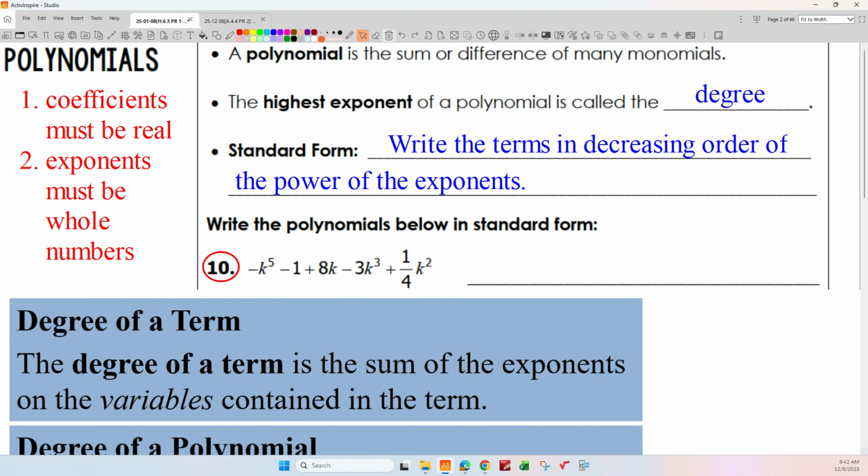Big deal. So if I wanted to write this in standard form, it's pretty simple. I just have to rearrange those terms. Which one would have to come first? Yeah, okay, the biggest power, so negative k to the fifth. What comes next? Okay, minus 3k cubed.